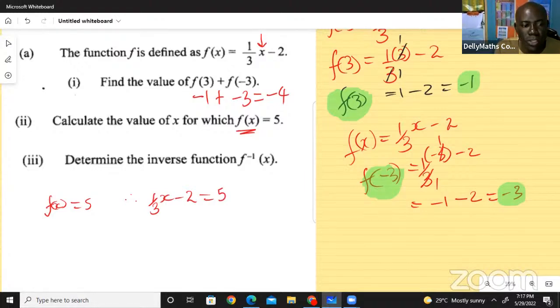So what we're going to do is multiply every single term by 3 in order to get rid of that fraction. So 3 cancels itself there. 1 times x gives me x minus 2 times 3, -6, equal to 15.